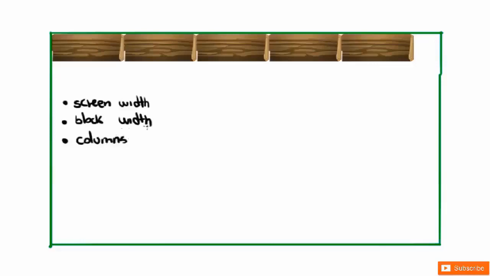Actually, columns is a function of the screen width and the block width, because how do we get the number of columns? I'm going to call it col, just by dividing the screen width, SW for short, by the block width, BW for short. So the columns is basically the screen width divided by the block width.